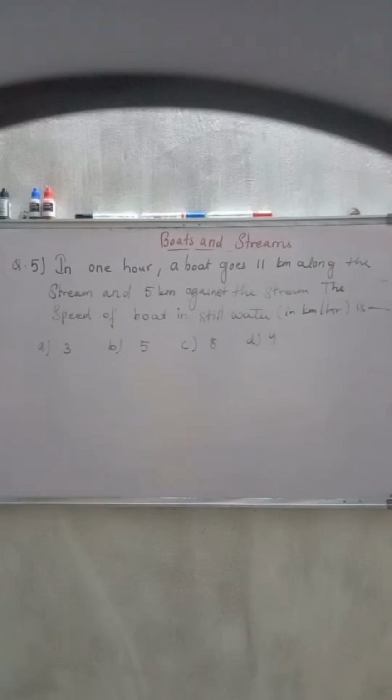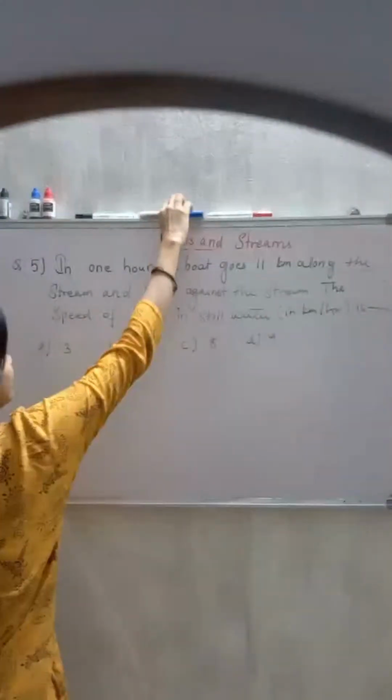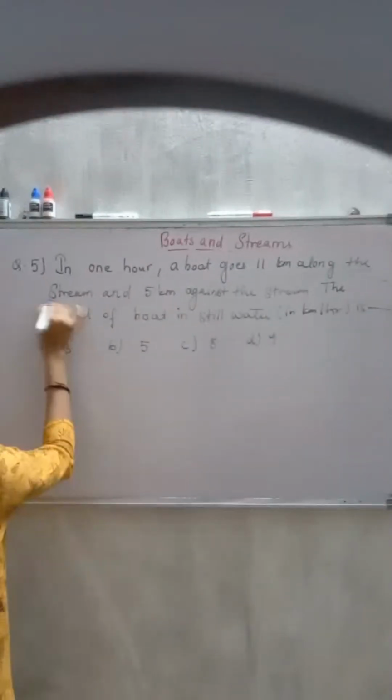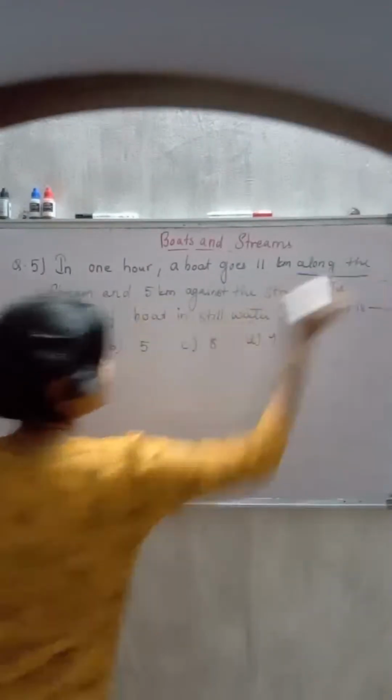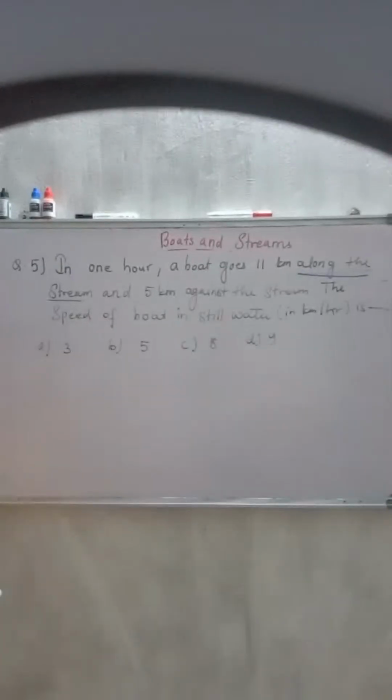So, in 1 hour, a boat goes 11 kilometer along the stream. Along the stream means we are talking about downstream, because downstream is always along the stream.